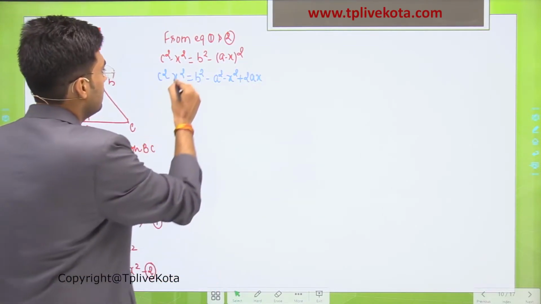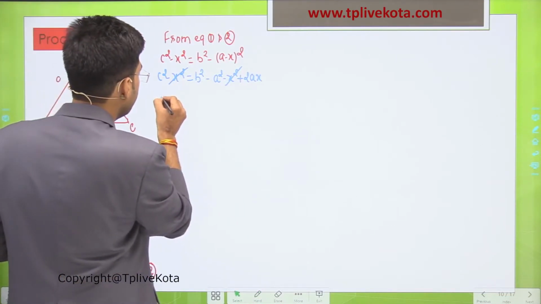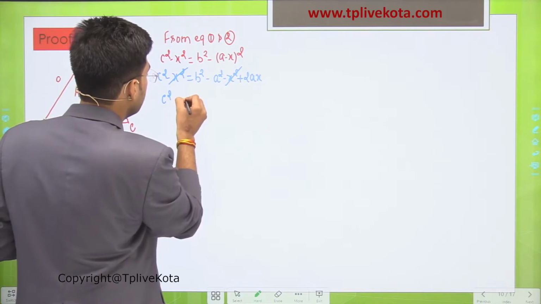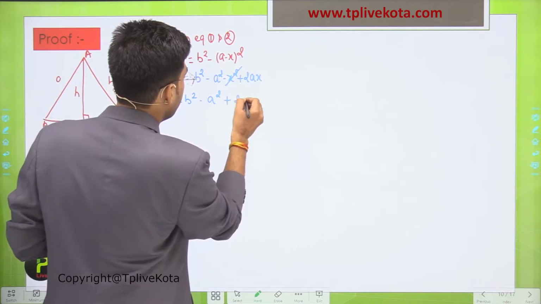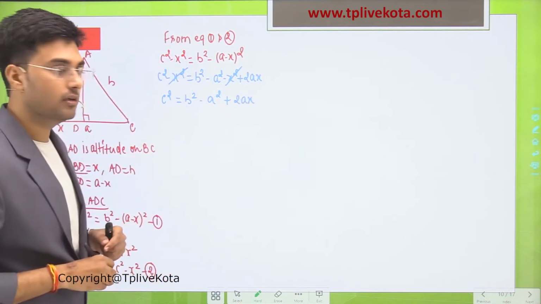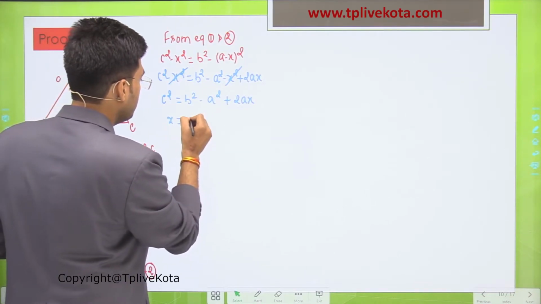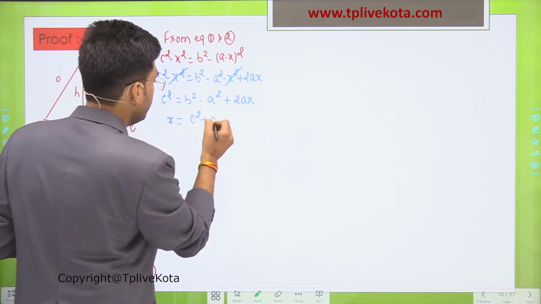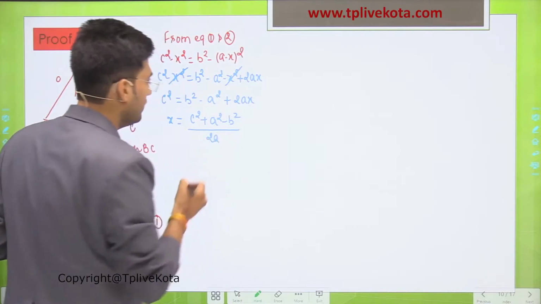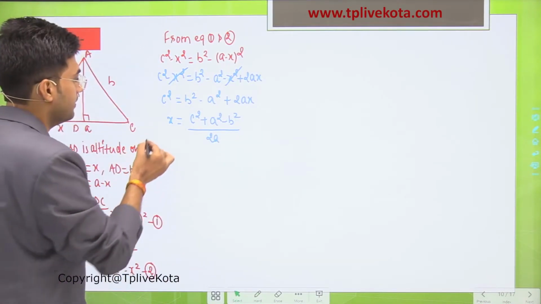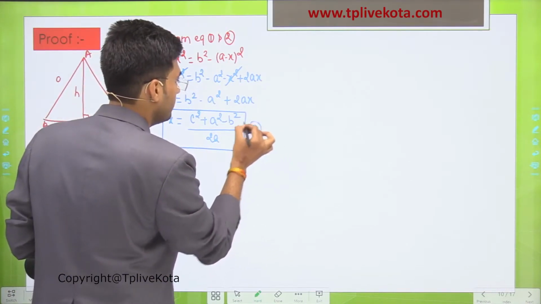Now this minus x square and minus x square cancel out, so c square is equal to b square minus a square plus 2ax. Clear? So what is the value of x here? The value of x is (c square plus a square minus b square) divided by 2a. Let this be equation 3.